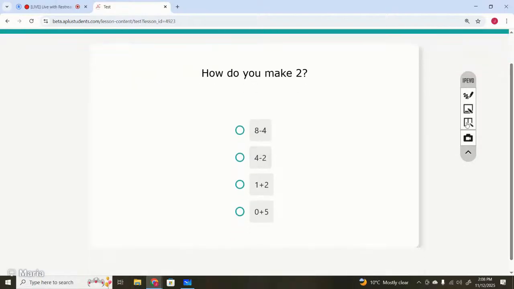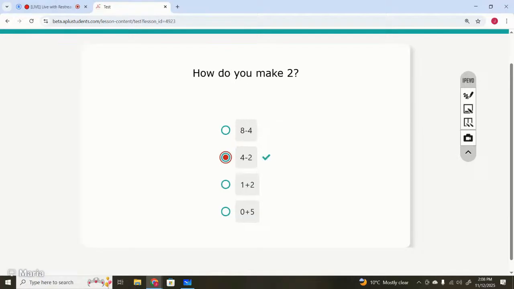That is 4 take away 2. Option number 2 is the correct option. 4 take away 2 makes 2.